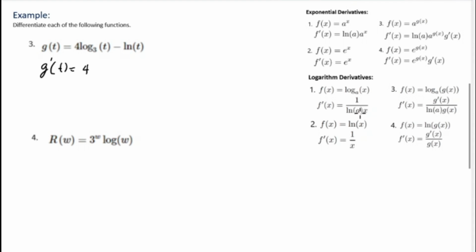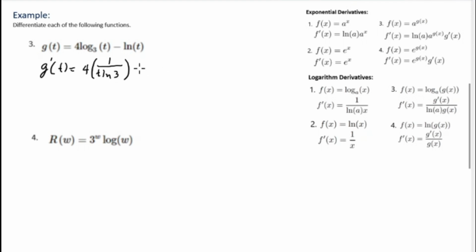So what is a? It is equivalent to 3. And x, based on the first term, is t. So we multiply by 1 all over ln of 3 times t, 1 over t ln of 3.